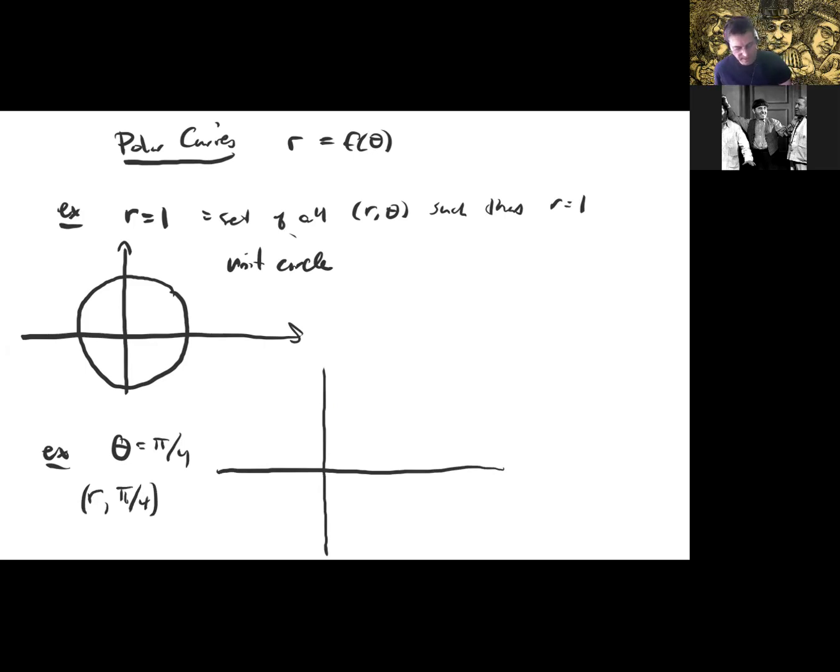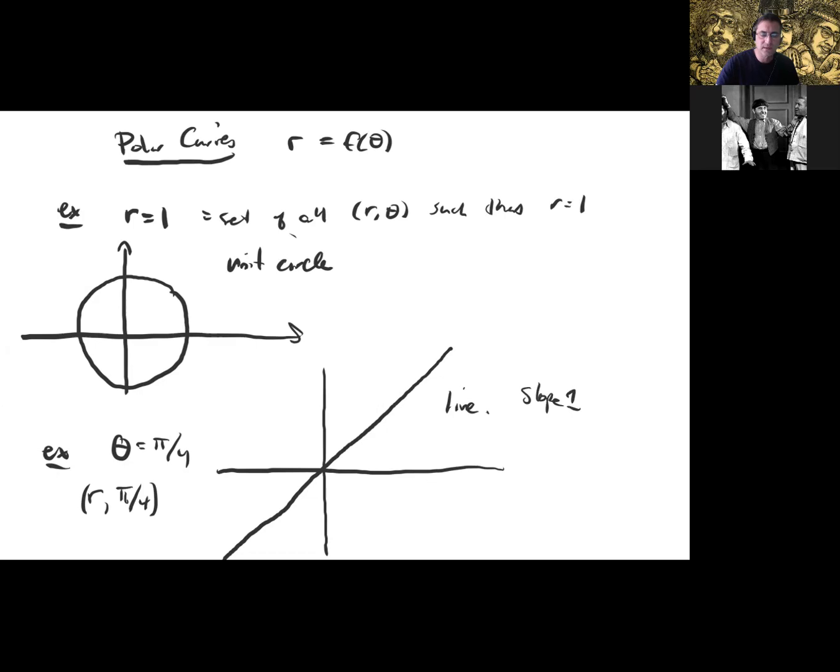Well, what should that mean? That means the angle is always the same. The angle is always pi over 4. It's just the distance to the origin which changes. And this is a line. It's a line of slope 1 through the origin. Okay, slope 1. Well, that was fairly simple.